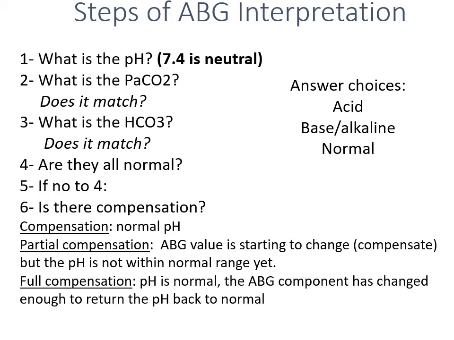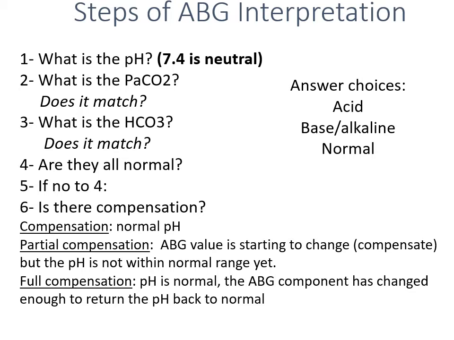What's partial compensation? It's where the values of the CO2 and the bicarbonate have changed, and the pH is improving as we do a new blood gas, and we follow the pH, but it hasn't returned to normal. So the pH hasn't returned to normal, but it's improving from one blood gas to the next.